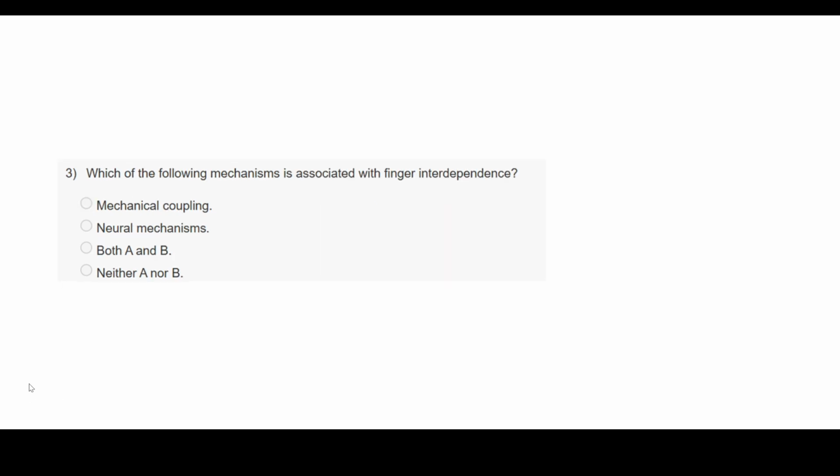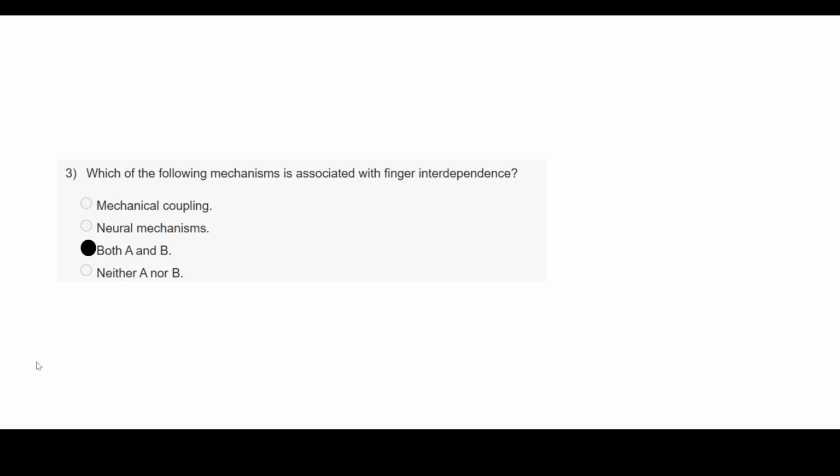Which of the following mechanisms is associated with finger interdependence? Mechanical coupling, neural mechanisms, both A and B, or neither A nor B?